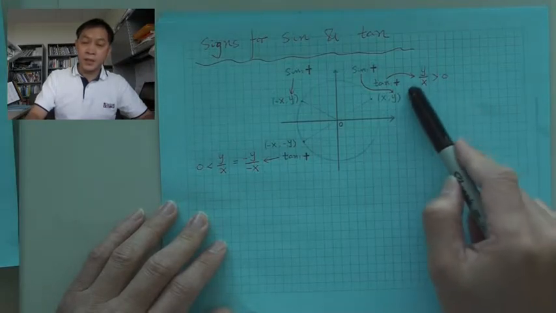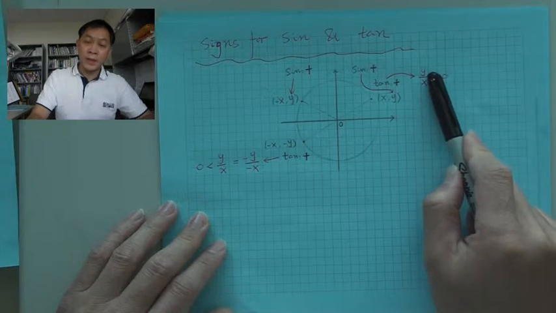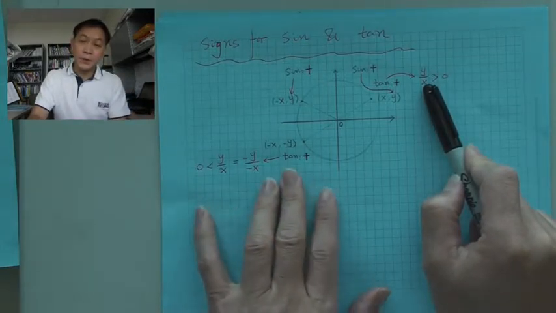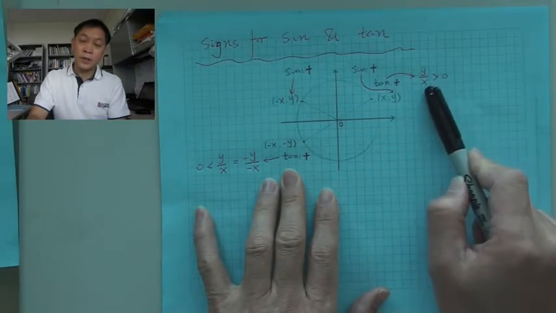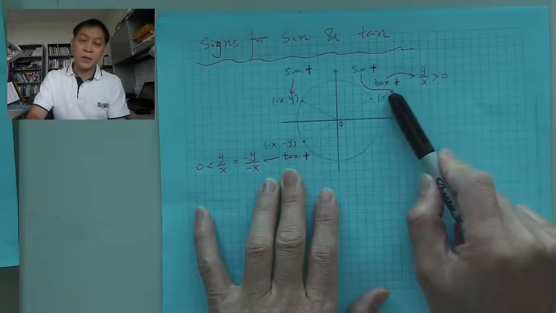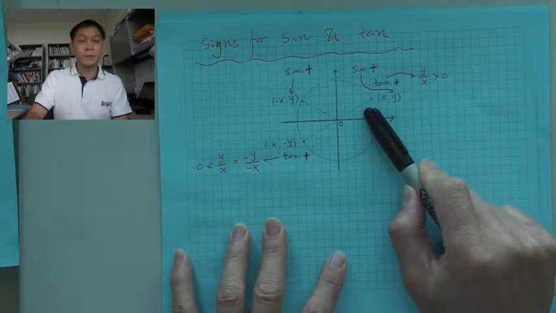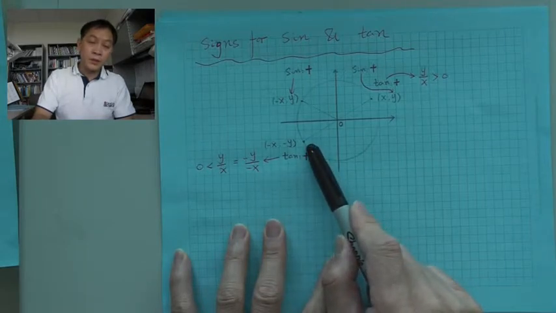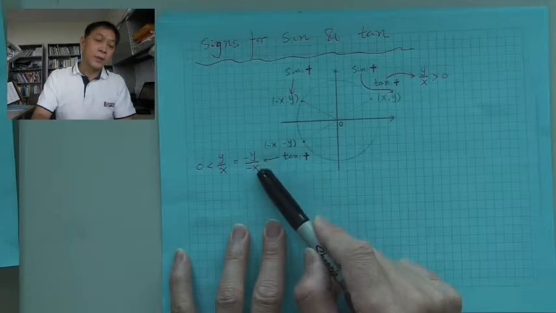Now, let's look at tangent. Tangent is sine over cosine or y over x. In quadrant 1, you see that's positive over positive. Y over x is positive. So tangent is positive in quadrant 1. In quadrant 3, tangent is negative y over negative x.